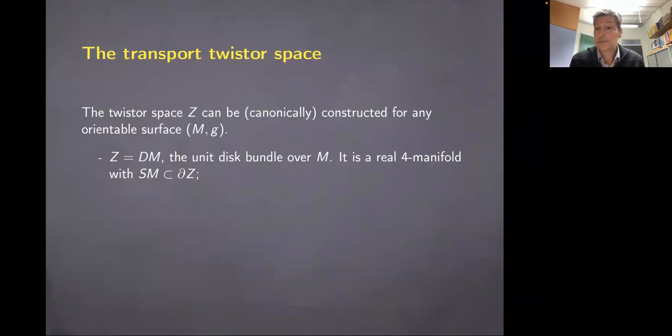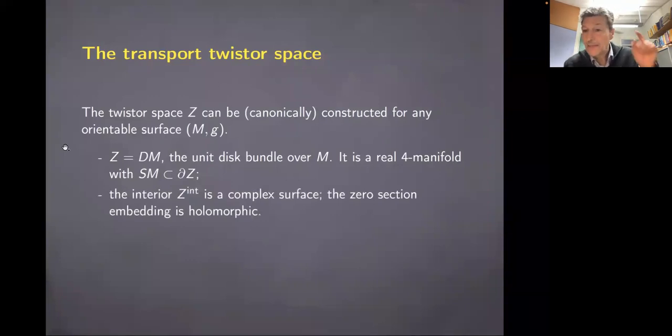So the unit disk bundle is essentially vectors with norm less than or equal to 1, rather than equal to 1. No problem there. That's a real 4-dimensional manifold, and the unit tangent bundle sits naturally on the boundary of this space. If your manifold M has boundary, this set ends up being a manifold with corners, but if your surface is closed, this set is just a regular manifold with boundary, and the boundary is just the plain unit tangent bundle.